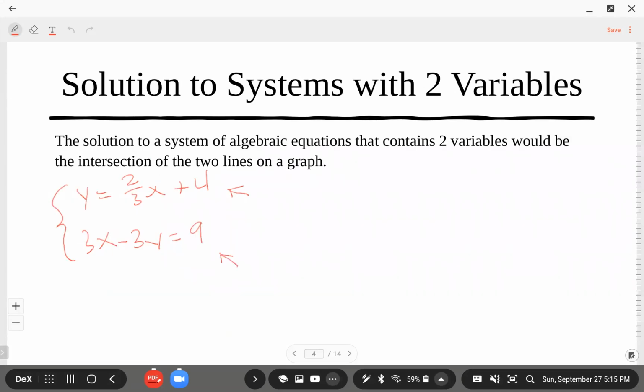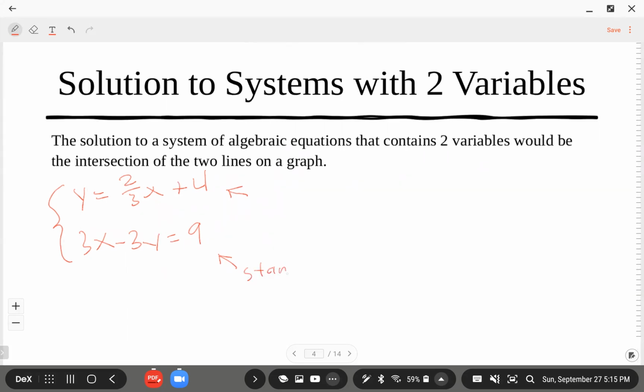Also, the solution to a system is the intersection of the two lines on a graph. This one is in standard form, and you can graph standard form. This one is in slope-intercept form. These two algebraic equations can both be graphed, and the intersection of these two lines on the graph is the solution.